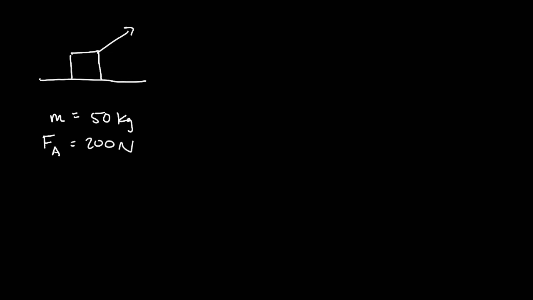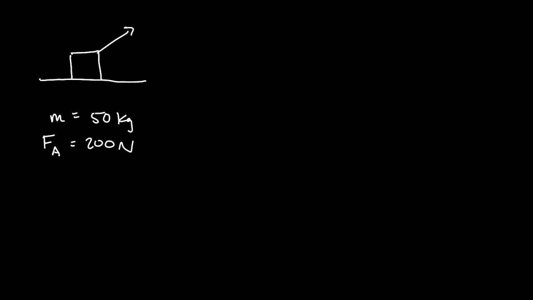In this problem, we have a box on the floor, and we have a person pulling it in the top right direction. We're given that the mass of the box is 50 kilograms. The force exerted by the person, the applied force, is 200 newtons.